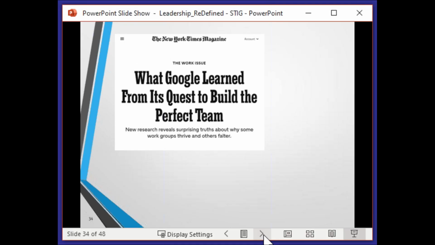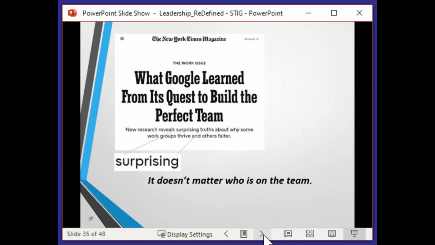So I would submit that the reason that books like Barbara Kellerman's, you saw a couple of her earlier titles, and Kellerman is a Harvard, I think she's a public policy professor specializing in leadership, but she's written two books about how crappy leadership can be and how bad leadership development sometimes is.